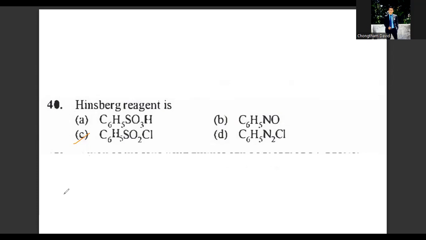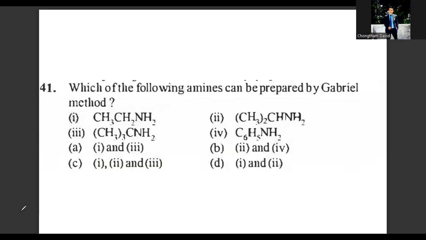Which one of the following amines can be prepared by Gabriel phthalimide? So remember the reaction. For the preparation of this amine, the required alkyl halide will be one where the carbon is adjacent to a methyl group.